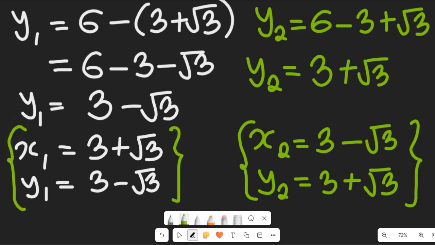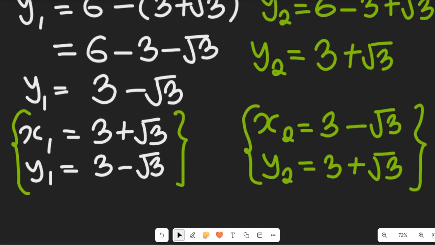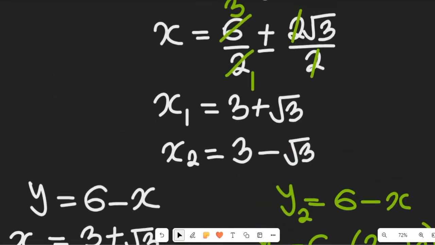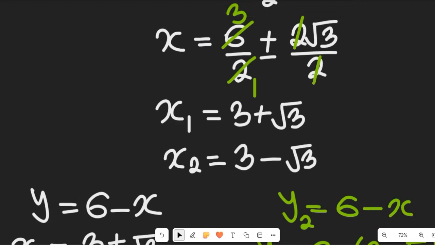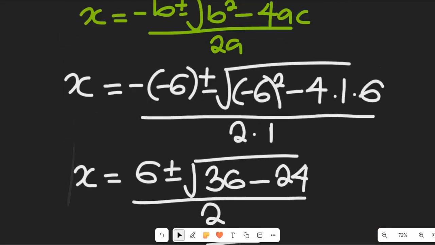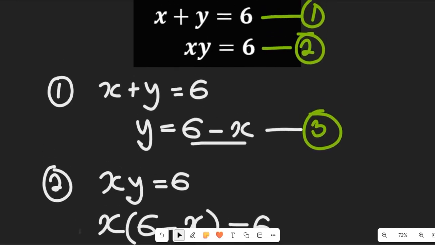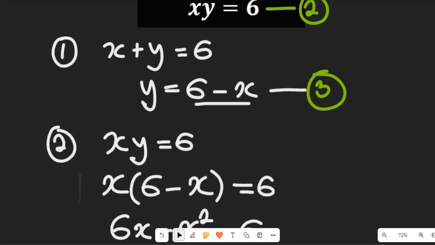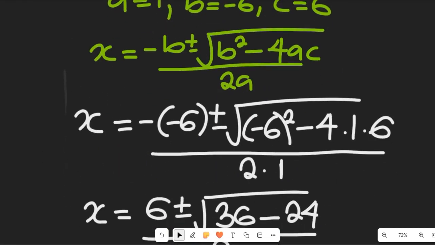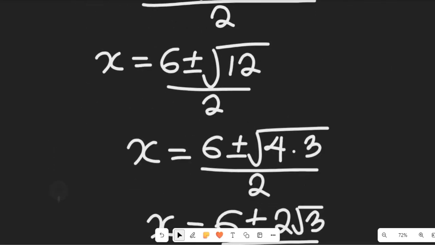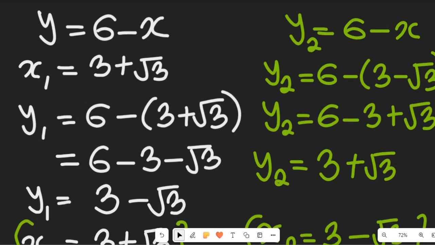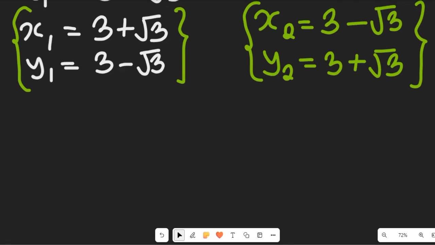So what do we do here? We are going to check if our solutions are actually right. Remember, in the first expression, we are given that x plus y is equal to 6, and x multiplied by y is equal to 6. So will this solution actually be correct? Let's consider this.